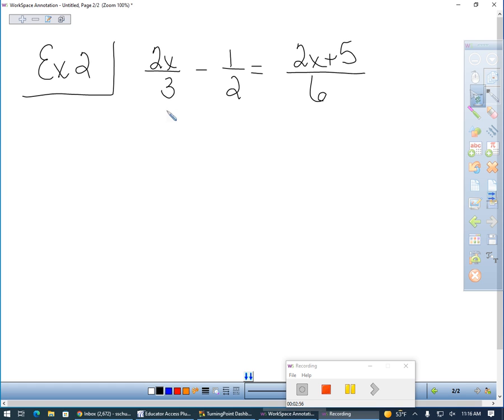We don't have anything we need to factor in the denominator. Step 2 is state your restrictions. Well, there's no variables in the denominator, so we have no restrictions. Step 3, we need to clear the fraction by multiplying by the common denominator. In this case, the common denominator, again, is 6.